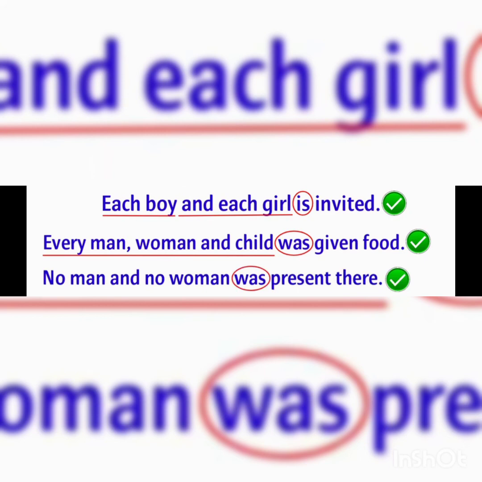As I told you, if there is a word before any of the singular subjects like no, every, each, we always take a singular verb. See here, "No man and no woman was present there." Because we have used this word "no" and the subjects are singular, man and woman, that's the reason we are using the singular verb, that is "was".